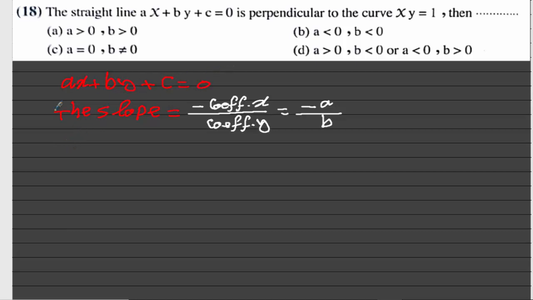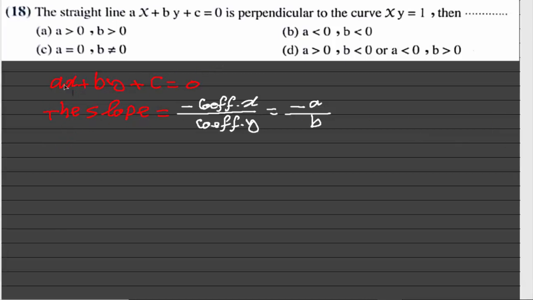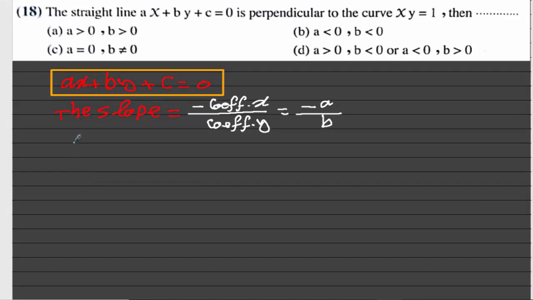Here we have the equation, and we make the differentiation for it to deduce the slope of the straight line. With respect to x, we have a plus b dy dx plus 0 equals 0.